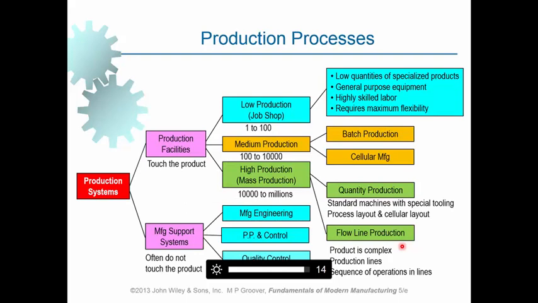Let's take a look at the next slide here, which is again describing different types of production processes. As discussed before, we have production systems that are divided into production facilities as well as manufacturing support systems.